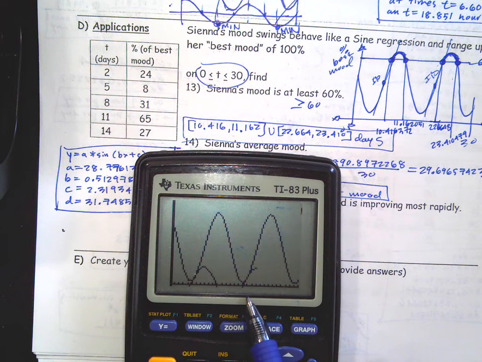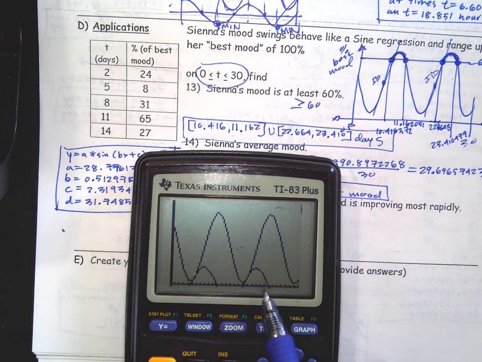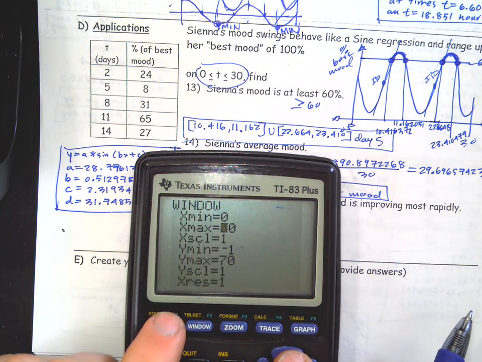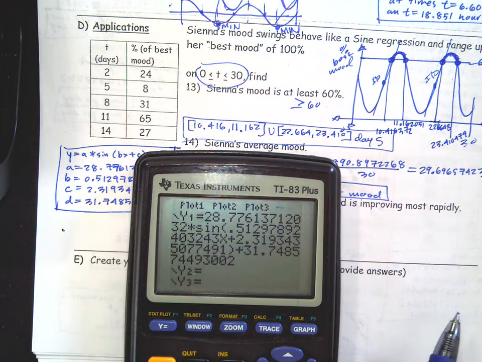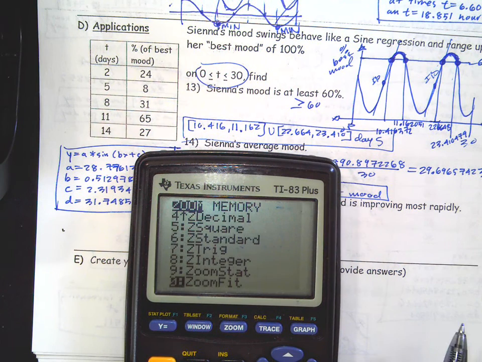So what I usually do is I pre-sketched it because I knew where the peaks and valleys should be. But I would turn this off. Don't delete it because then you won't get a graph anymore. And then do zoom fit. That'll fit it to just the derivative graph that is left turned on.